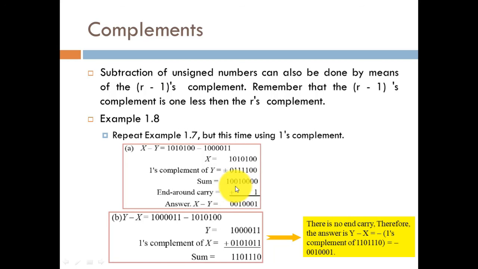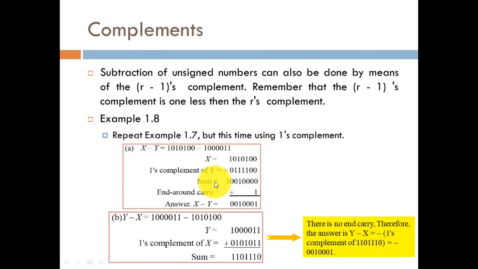Here also we can see that there exists an end around carry, and what we are going to do is add this end around carry to the sum: 1 plus 0 is equal to 1, and then 0 will have 0, the next 0 will have 0, and for this 1 we will have 1, 0 0.